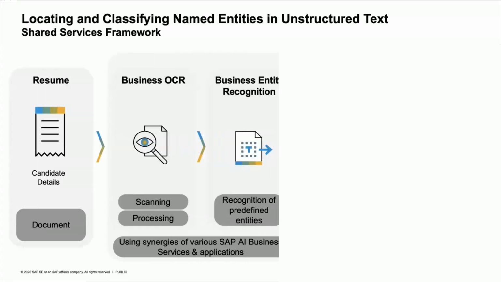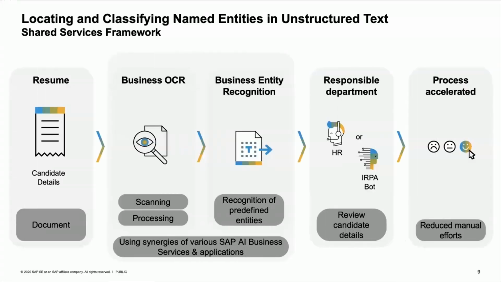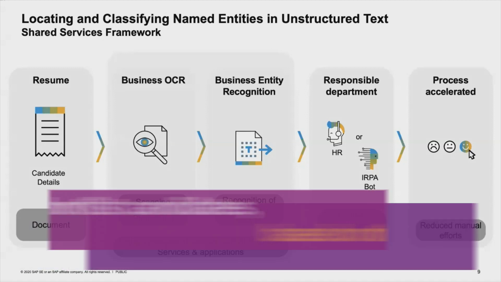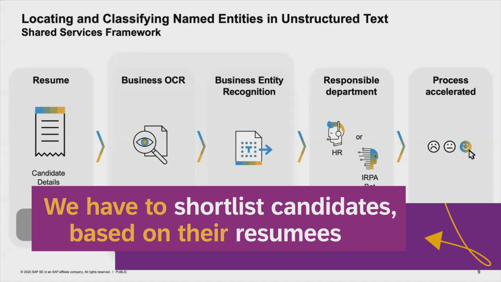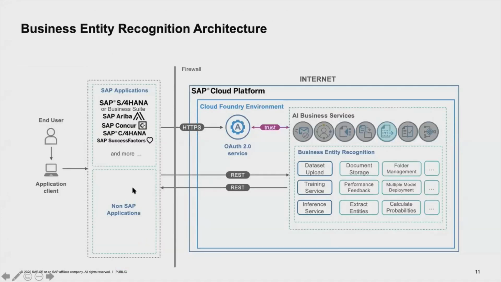Similar to what we saw for emails, this is what we can do for an HR scenario, wherein one of the most important processes is recruitment, and we have to shortlist candidates based on their resumes.